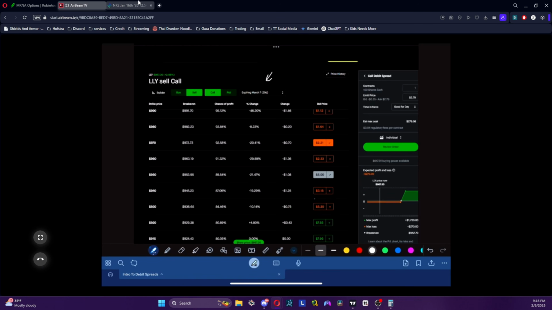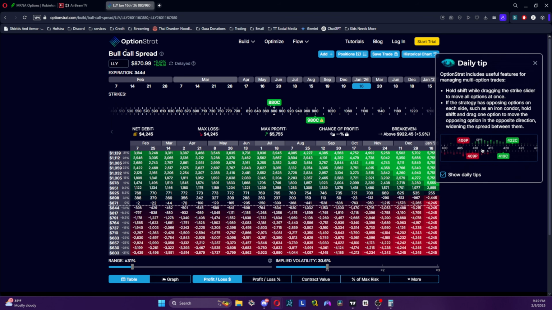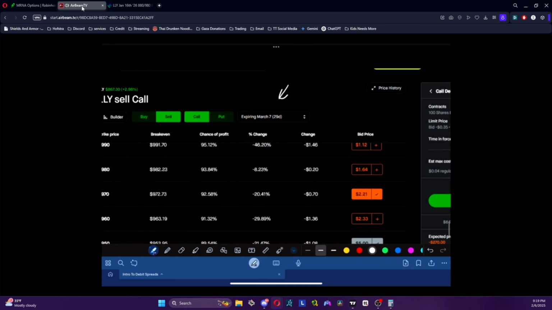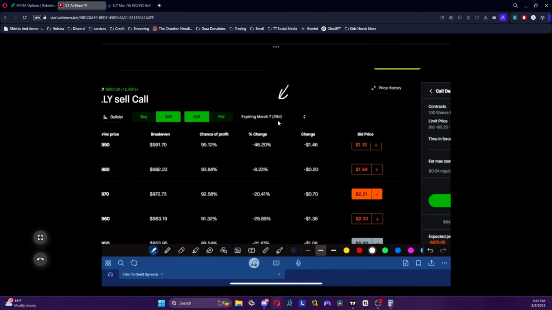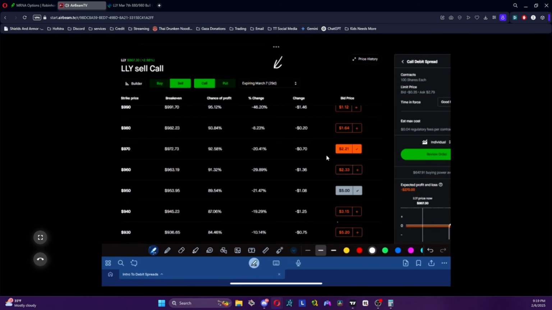The debit spread. And then we're going to choose the strikes. We're going to change the ticker to Eli Lilly. And then we're going to go to the expiration. So if we go back here, the expiration was March 7th. So we're going to go to March 7th. And our strikes, we bought the 950 and we sold the 970.